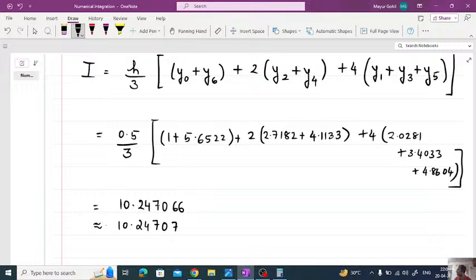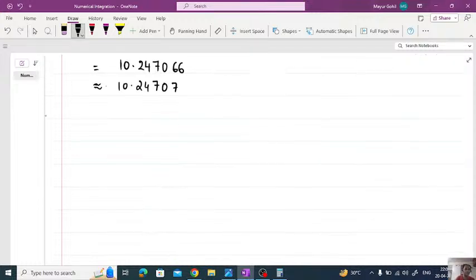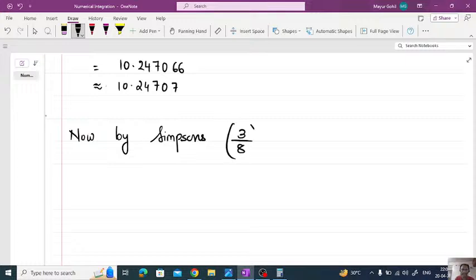Now let's go for the Simpson's 3/8 rule. By Simpson's 3/8 rule, what do we get?